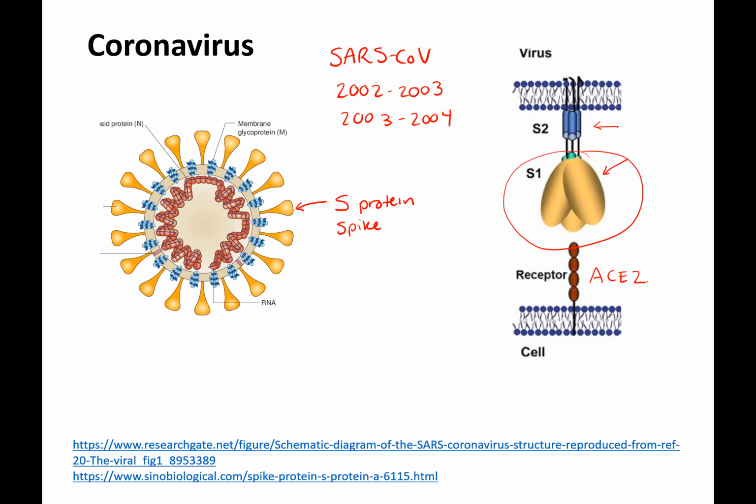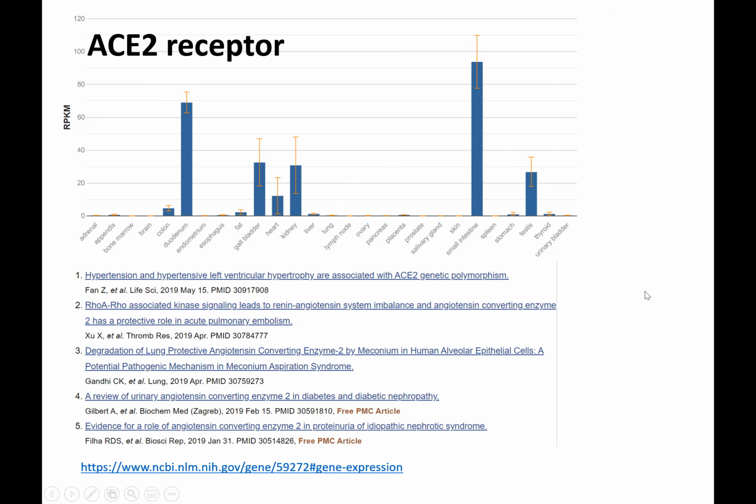And the receptor is called ACE2, and it's a functional receptor in human and other animal cells. And functional receptor means it has another function. So the virus takes advantage of this receptor, but the receptor does have other functions in humans, has been studied.